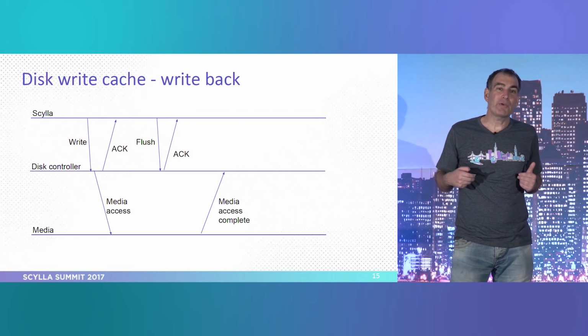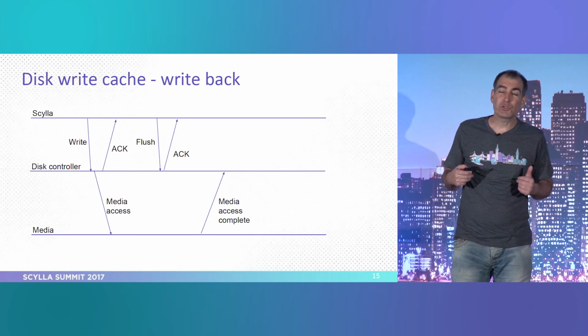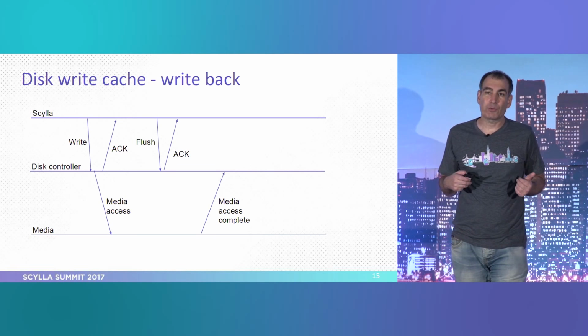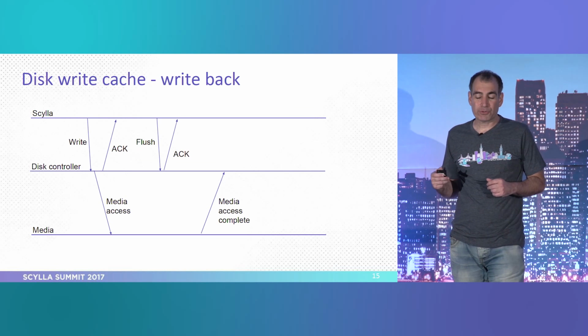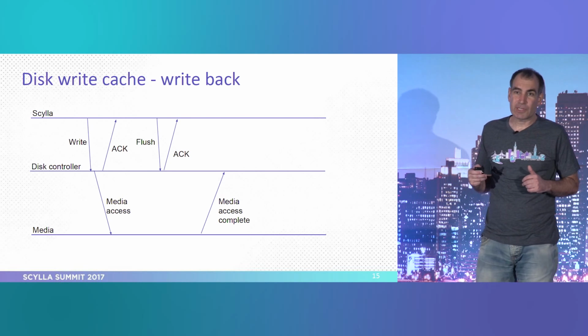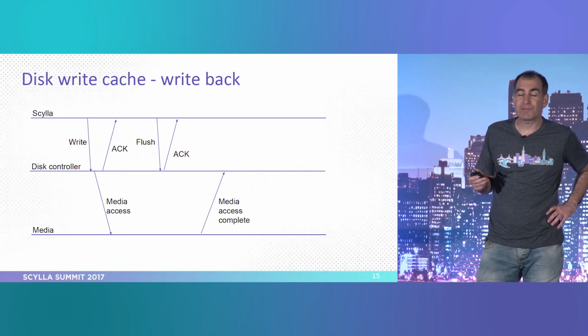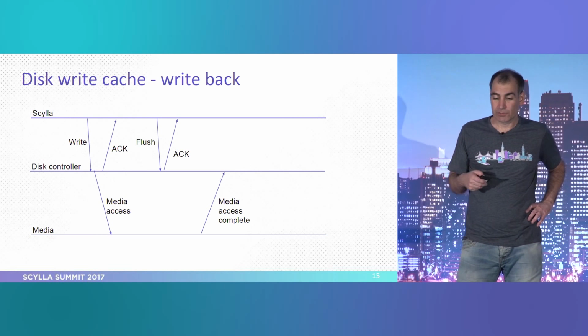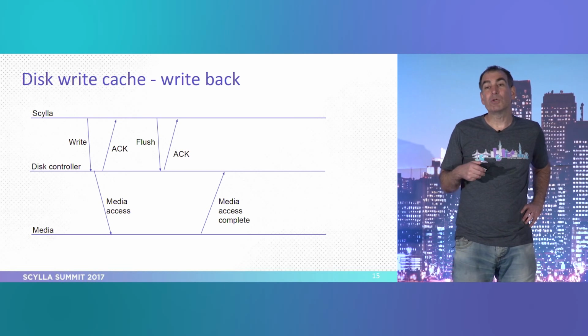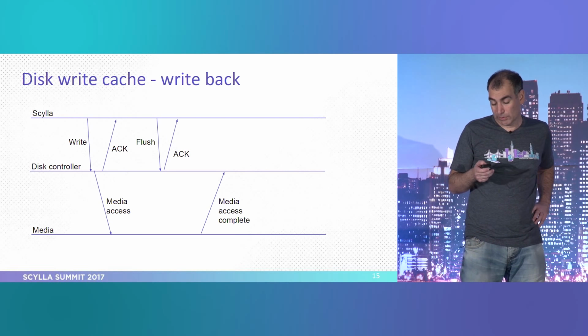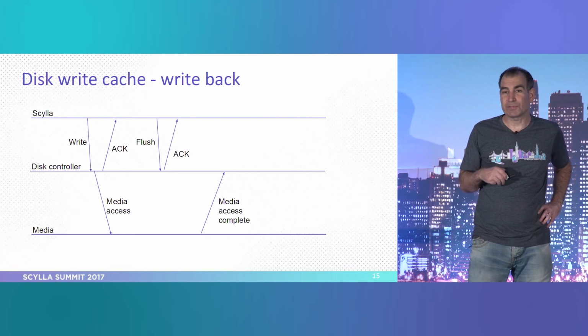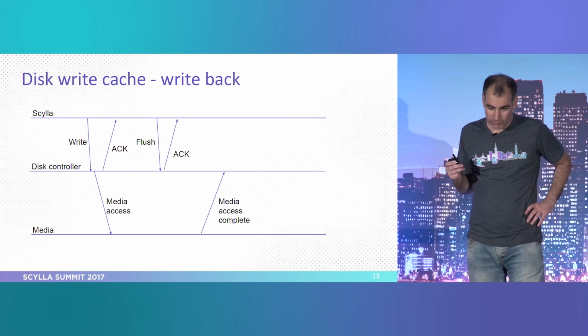And you should really check, when you're buying disks, whether they have write-back or write-through cache. Ask the manufacturer, because that can make a significant impact on write-heavy workloads. Most consumer drives are write-back, so don't use consumer drives. Most enterprise drives are write-through, so use those, but not all of them, so be careful.